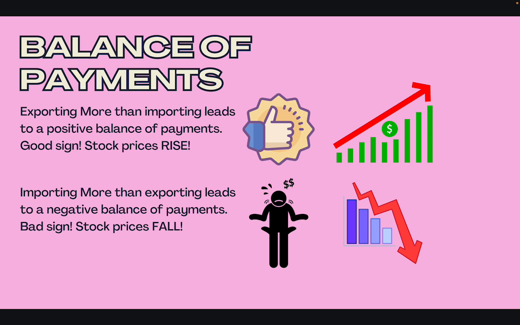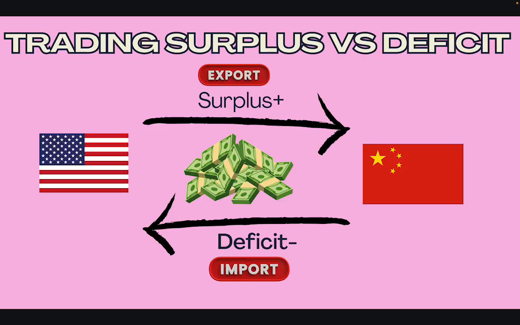The opposite, if we are importing more than we are exporting, this is going to lead to a negative balance of payments. That is not as much of a good sign, and we can expect the stock prices to fall. Logic. This is logical. We don't need to memorize a bunch of facts. We need to understand concepts.